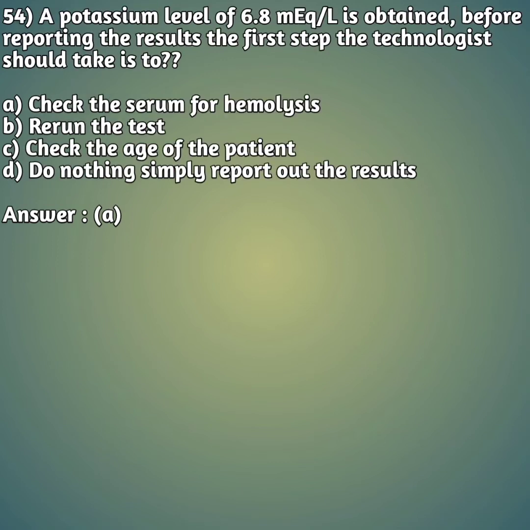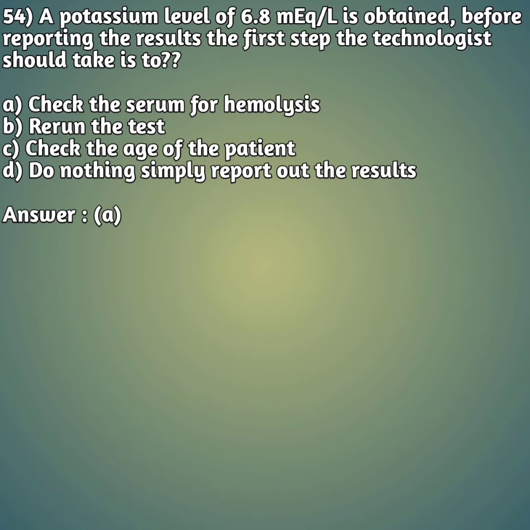Moving on to our 54th question. A potassium level of 6.8 mEq per L is obtained. Before reporting the results, the first step the technologist should take is option A, check the serum for hemolysis, option B, rerun the test, option C, check the age of the patient, and option D, do nothing, simply report out the result. So the right answer is check the serum for hemolysis.